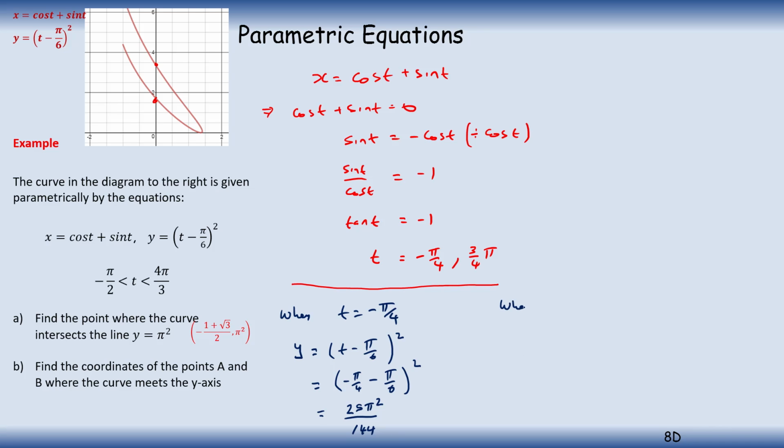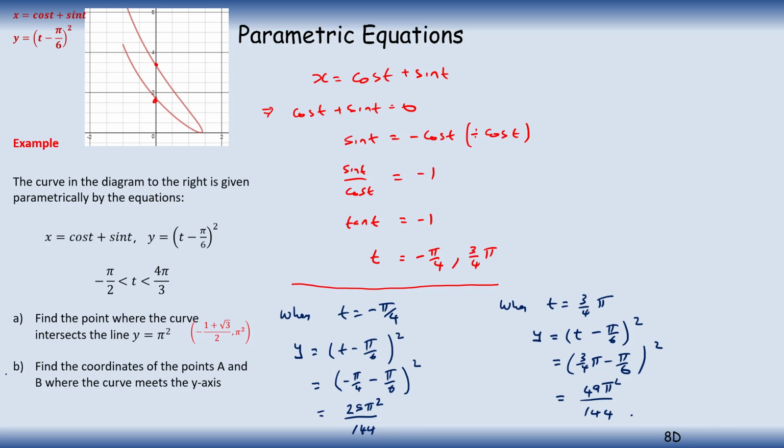Similarly, when t is equal to 3/4 pi, y is going to be equal to, let's write the equation out, t minus pi by 6 squared. Subbing for t, I got 3 over 4 pi minus pi by 6 squared, and working that out should get 49 pi squared divided by 144.